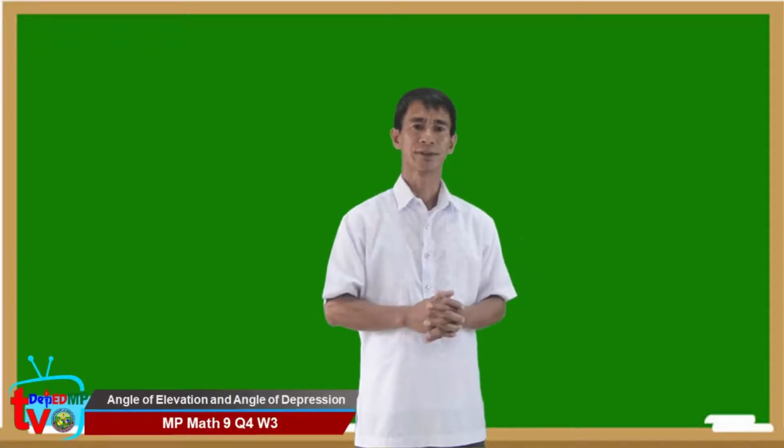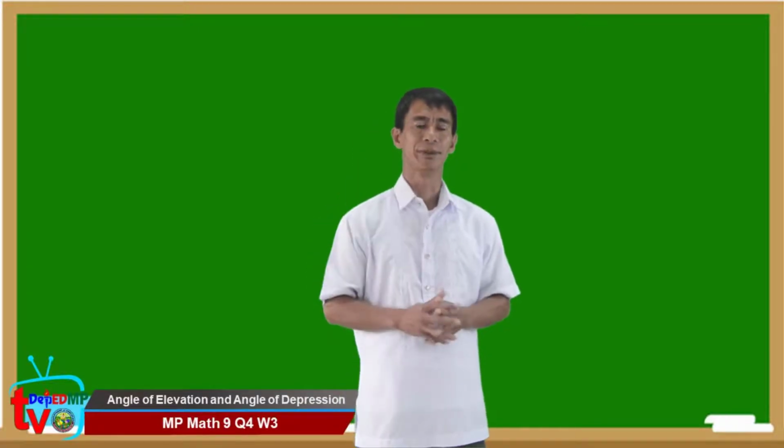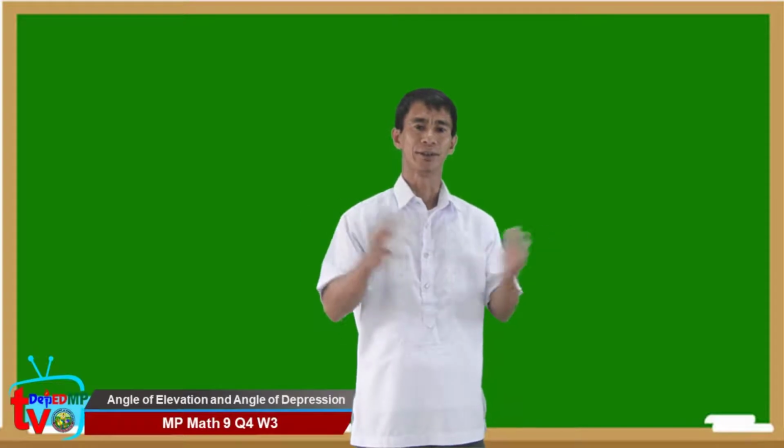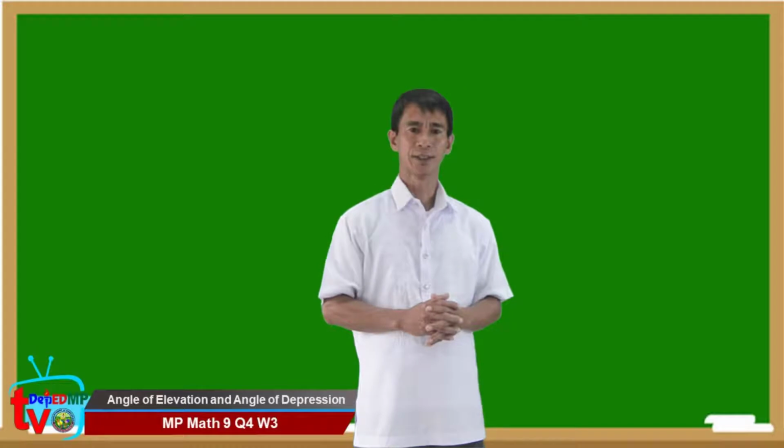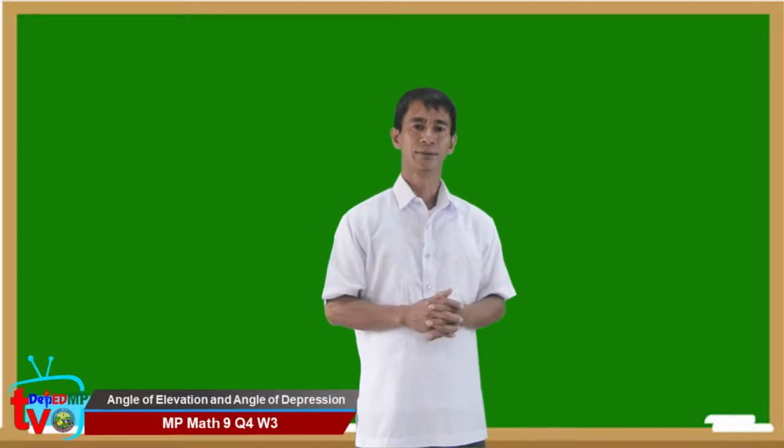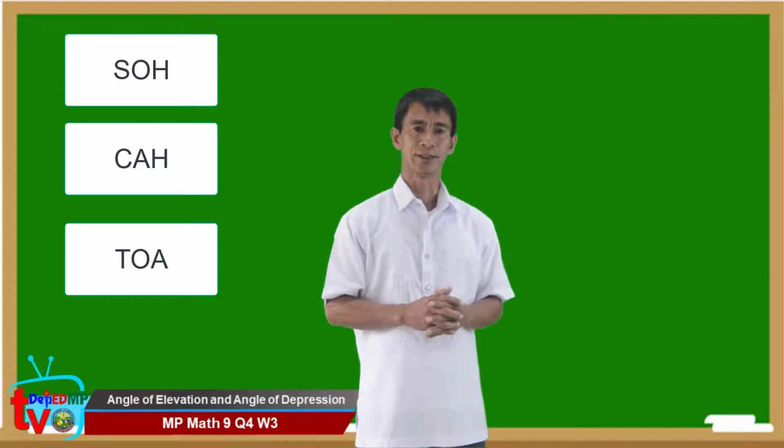Now, let's try to have a review on the 6 basic trigonometric ratios of a right triangle you learned before. Can you still remember them? The word SOHCAHTOA. Yes, very good. The word SOHCAHTOA again.